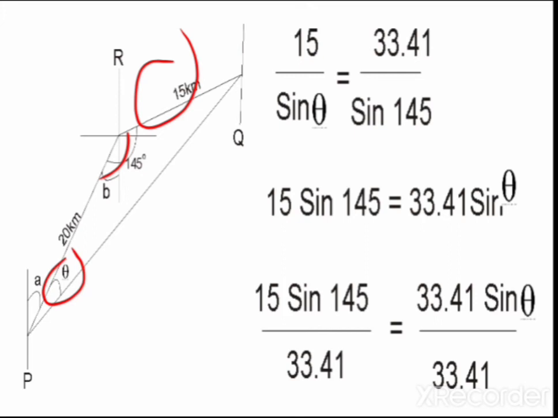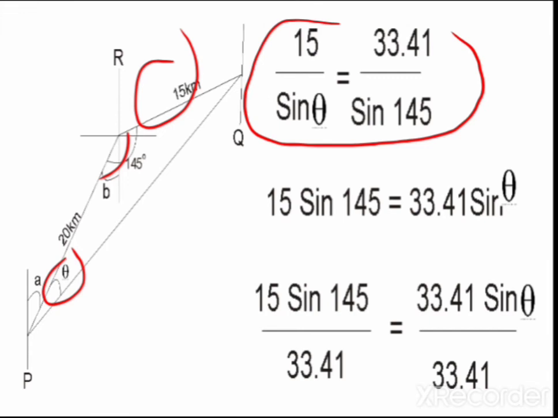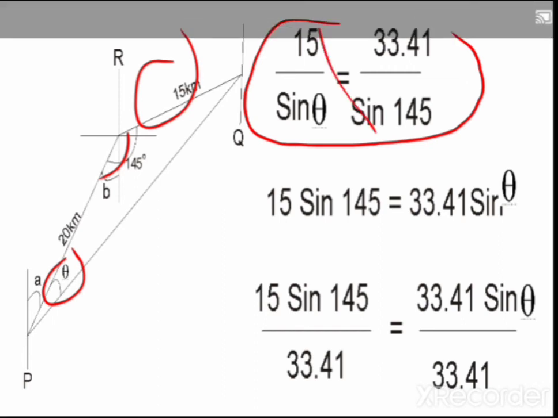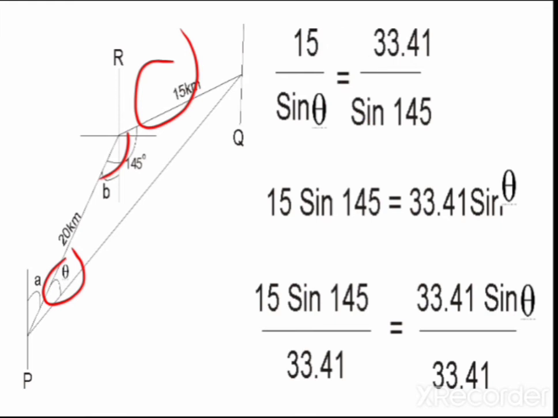So 15 over sine theta is equal to 33.41 over sine 145. We cross multiply as we did in the previous example: 15 times sine 145, and 33.41 times sine theta.